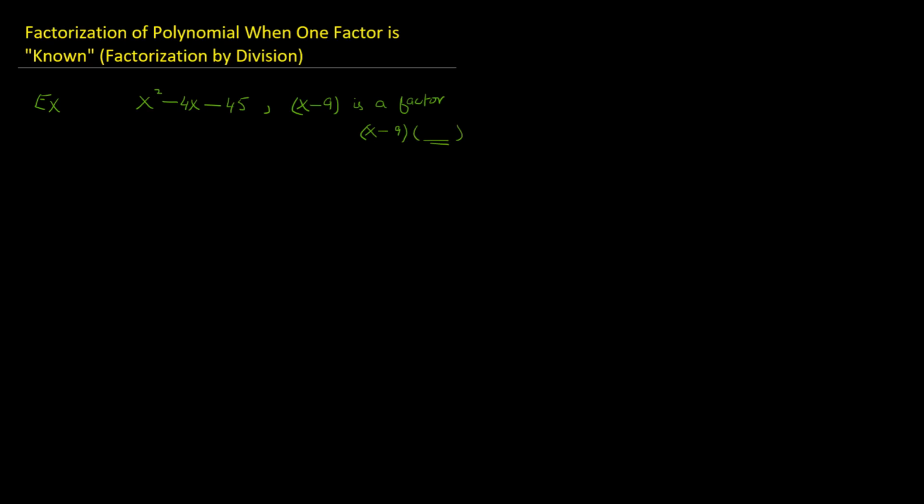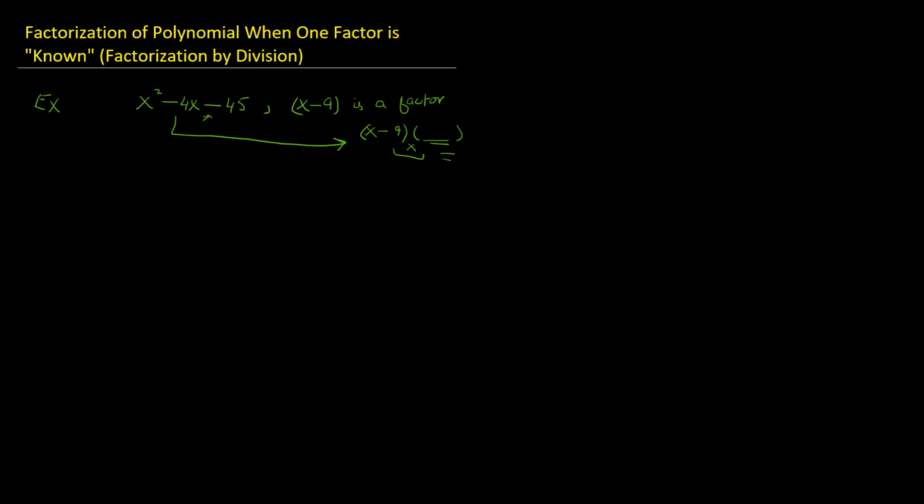So if one factor is known, of course what we are doing in factorization is we are closing the brackets. So if we open these two brackets, we get this. It means that if I multiply these two brackets, I get this polynomial. So what if I divide this polynomial with x minus 9? I should get this second factor.